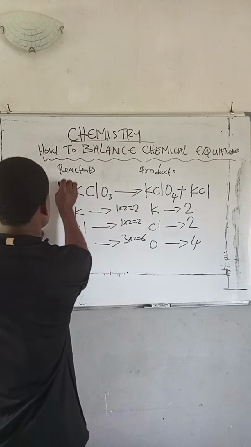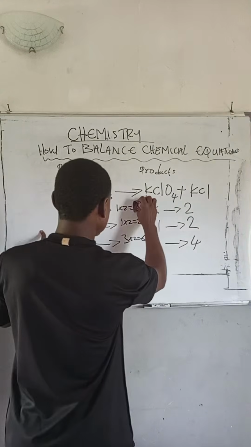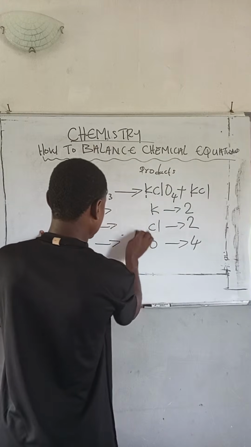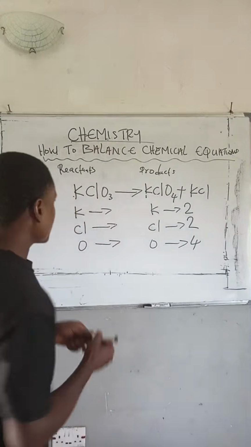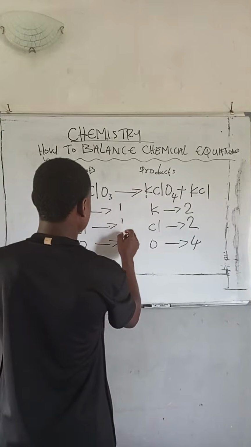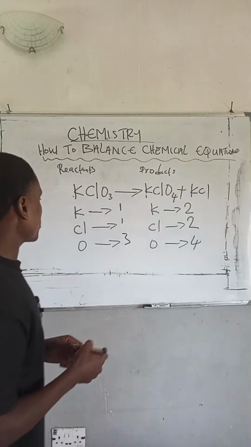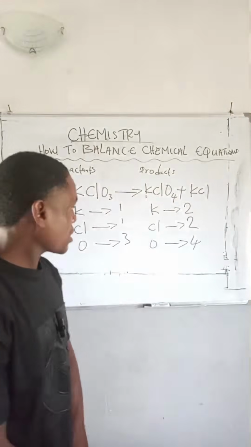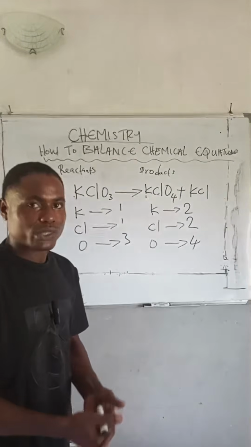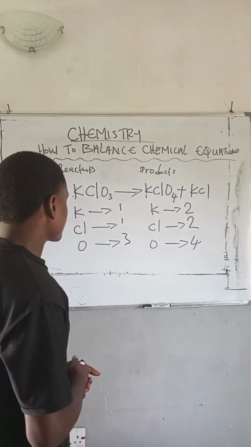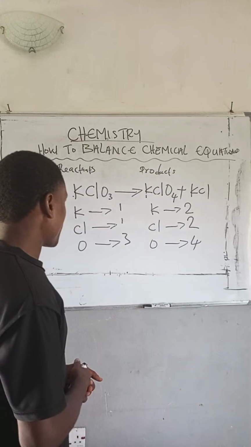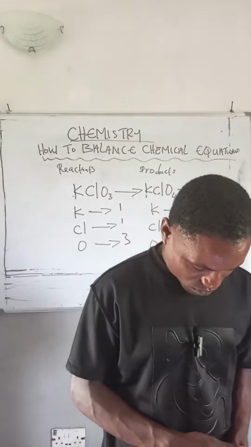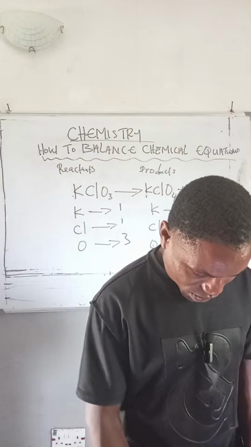So let's cancel it. That is 1, 1, 3, right? Which number are we starting with again? Do we start with 3 or 4?